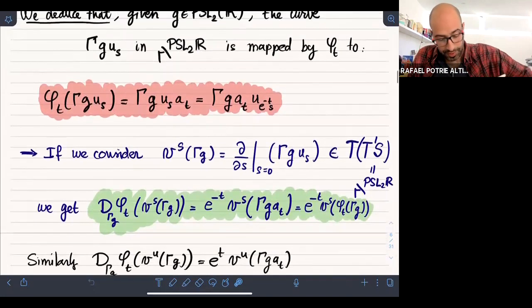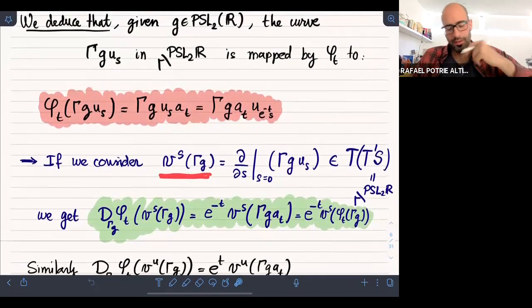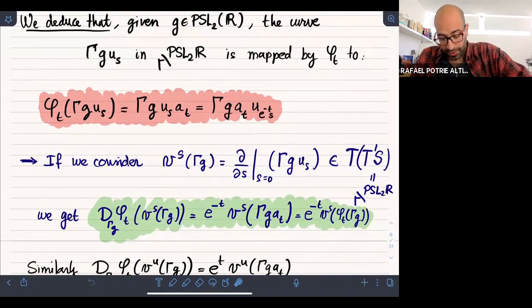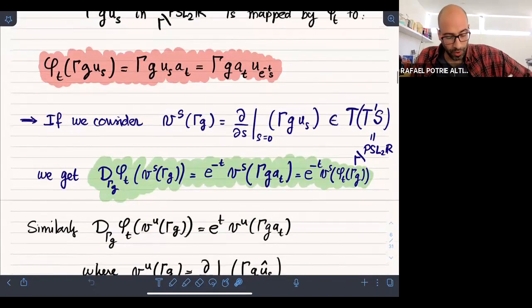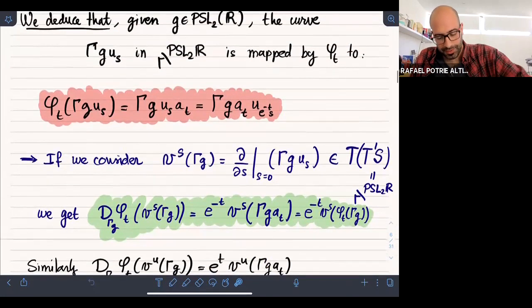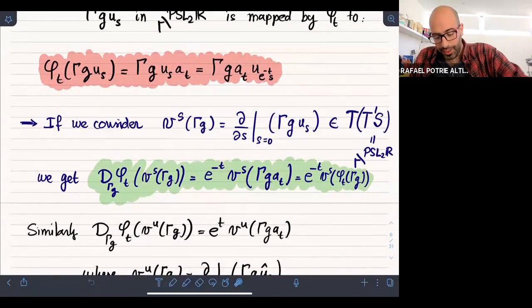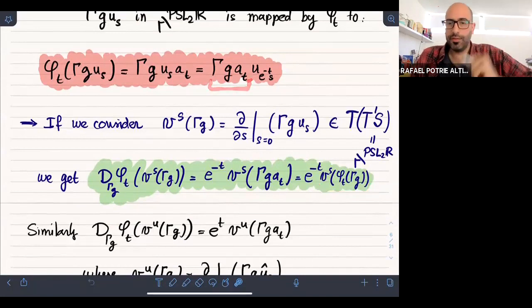So essentially what I'm saying is, if I take this vector field on the surface, which is the derivative at s equal to 0 of this curve, this belongs to the tangent space of the unit tangent bundle of the surface. We compute the derivative, which means I take the derivative of this other curve, and I get e^{-t} times the vector if I look standing on this particular point.